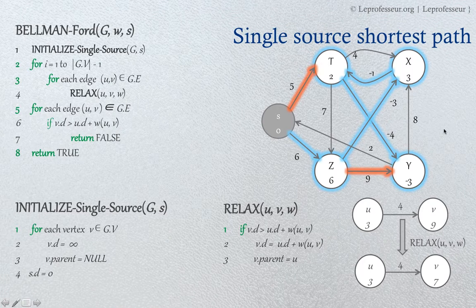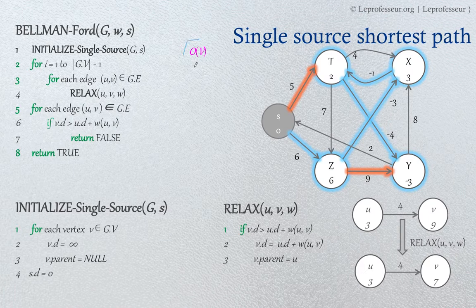Now let's talk about the complexity of this algorithm. Simply, the initialization step would take O of v time, because here we have a for loop.